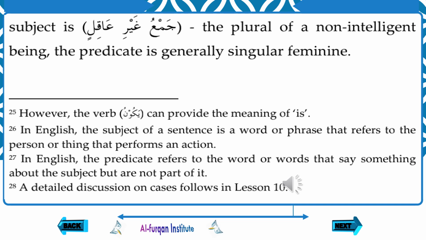An example like Zaidun alim is literally translated as Zaid learned, but it is understood as Zaid is learned. Anti tajiba, literally you, feminine, good, is understood as you are good. Arabic understands the idea of is and are from context and grammar, not by inserting a separate word.